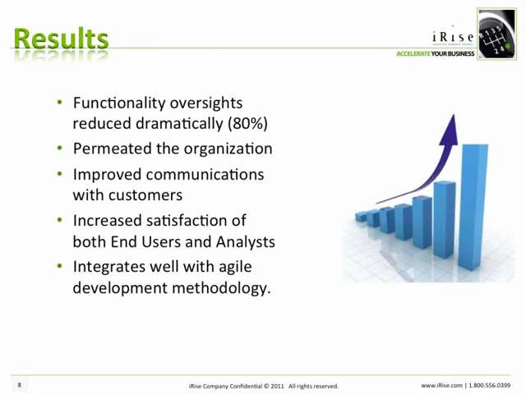Let's talk about where we are now from a results standpoint. We track a number of different metrics. One of the metrics we track is when there is what I'm going to call a software defect.